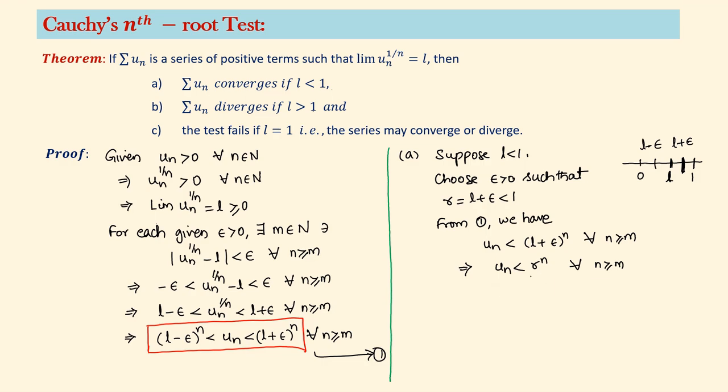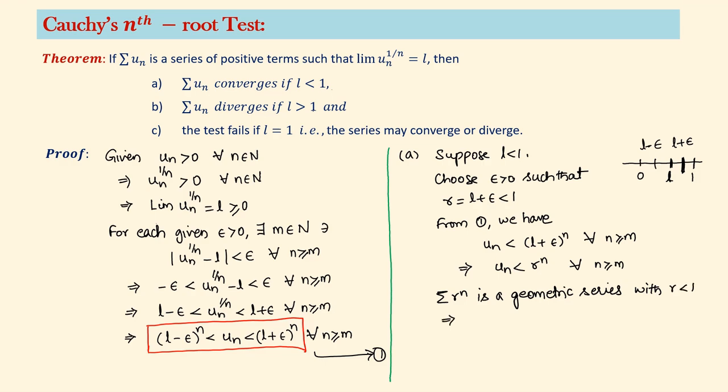So here summation R power n is a geometric series and R is less than 1. Since R is less than 1, this is convergent. So if this is convergent, by comparison test our series summation u_n is also convergent. So here I am applying the geometric series and the comparison test both. So summation R power n is a geometric series with R less than 1.